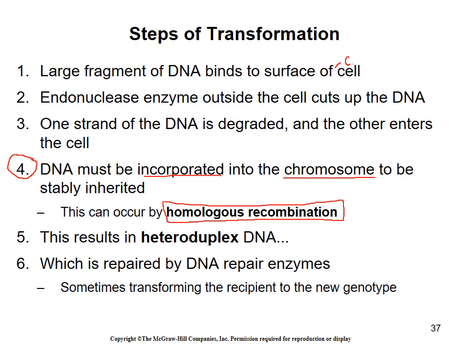Not all bases will be perfectly aligned, so you might have some mismatch and some sequences that are improperly aligned, but this tends to be a temporary strand until we can utilize our DNA repair enzymes to fully integrate the extracellular DNA into the host DNA, hopefully therefore allowing for new genotypes to be expressed in our competent cells.